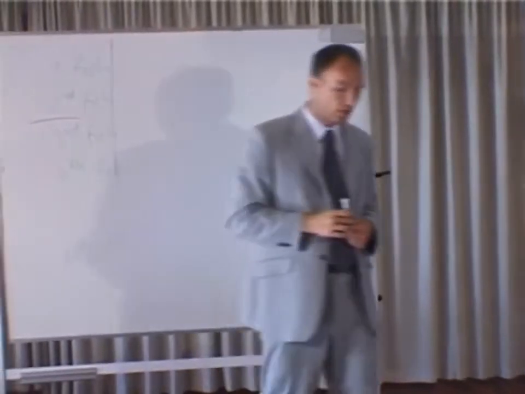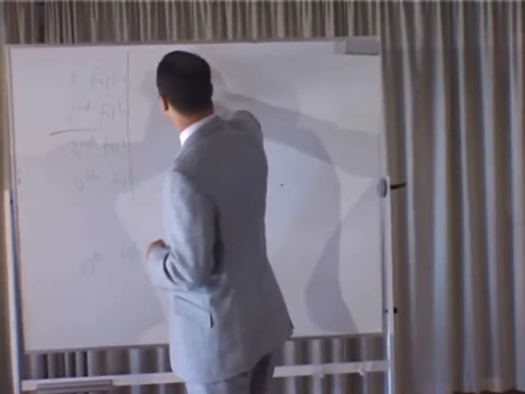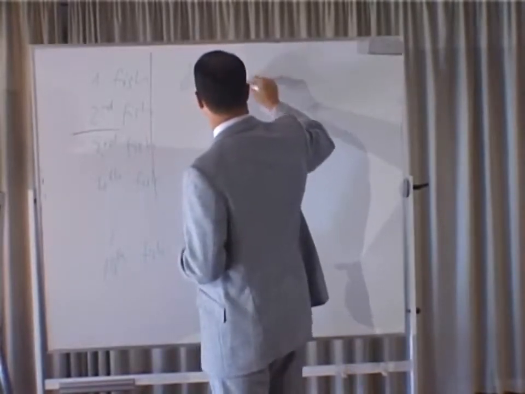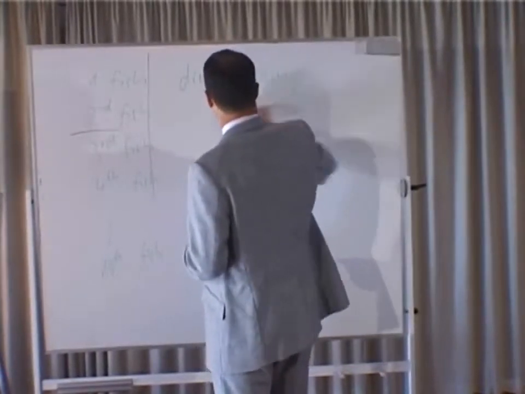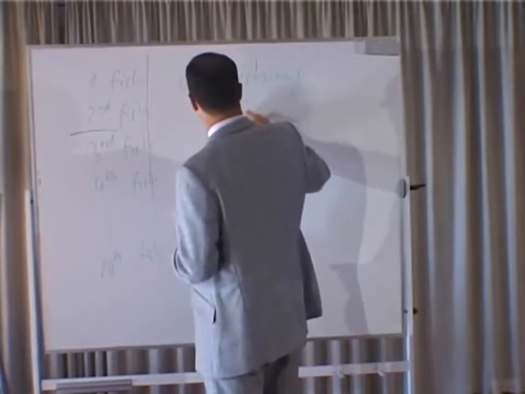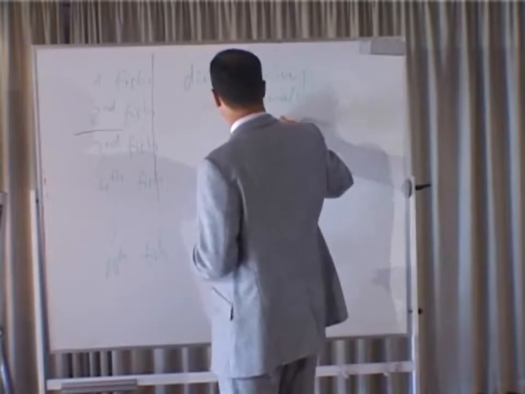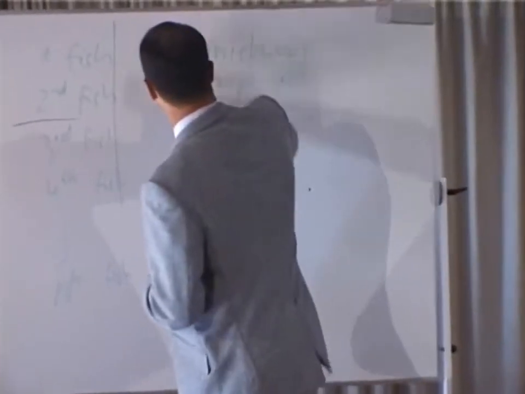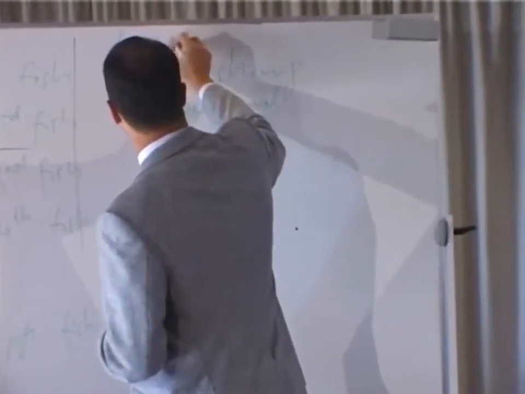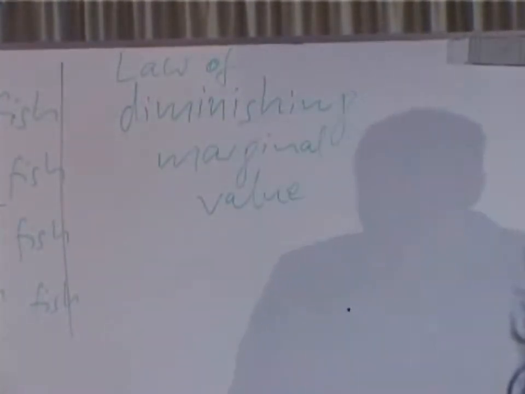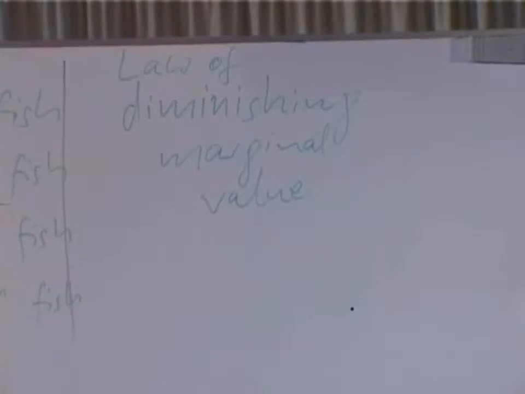That is, we have the praxeological derivation of the law of diminishing marginal value, which is, as I've said, a praxeological law.